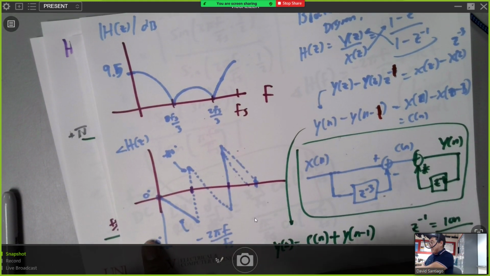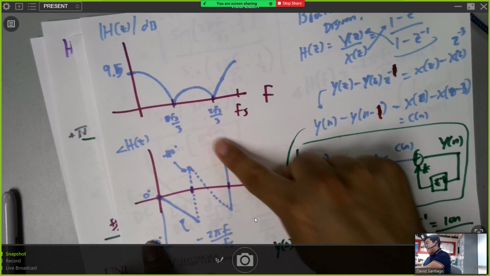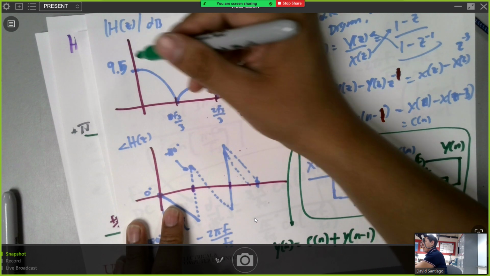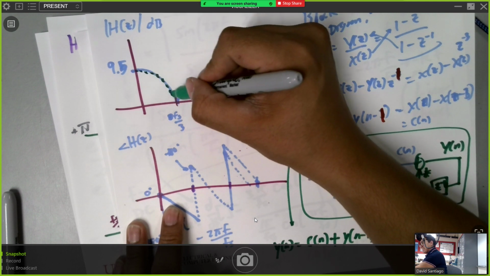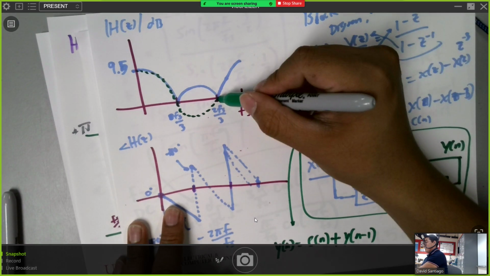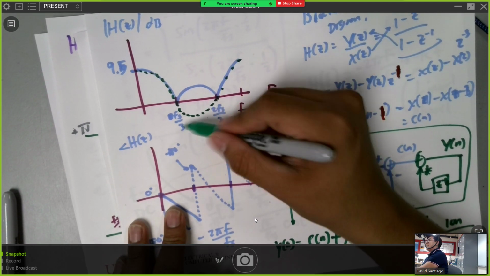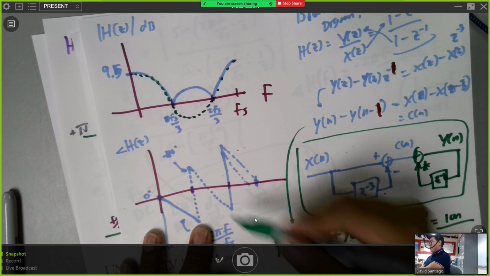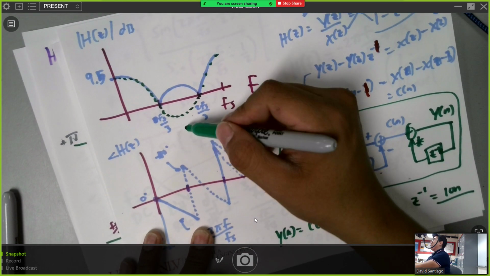You see how it goes from 0 and then jumps like this and jumps like that? Why does it jump? If you didn't include these absolute values, you're actually going to see a sinc function. And how do you model negative numbers? By adding a phase. In this case, we're adding 180.